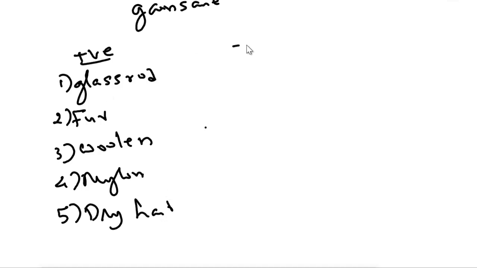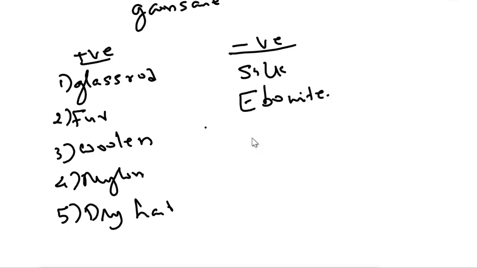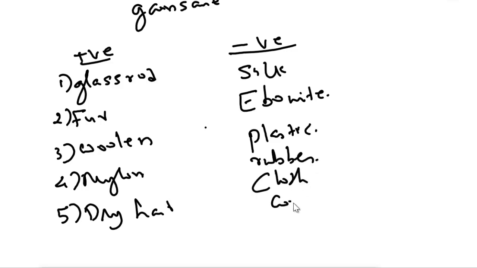For negative charge through rubbing: silk, ebonite rod, plastic, rubber shoes, clothes and comb, all these will get negative charge.